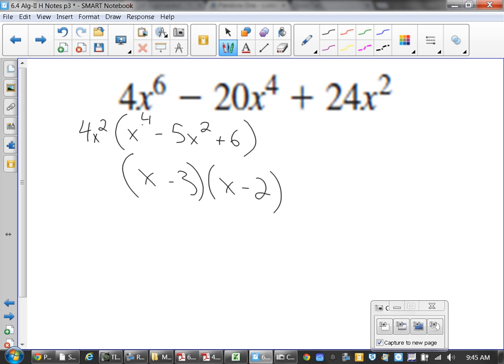If this was x squared and an x, well, it's just this thing. That's all it is. So you just throw a square? That's all it is. Because if you FOIL that back out, you get x to the 4th minus 2x squared minus 3x squared plus 6. Oh, yes, thanks. I forgot to write that down.